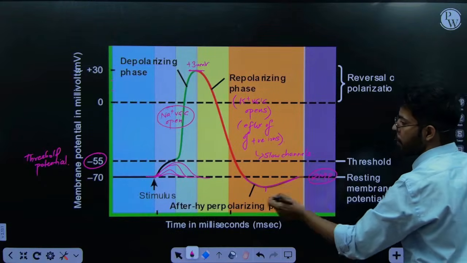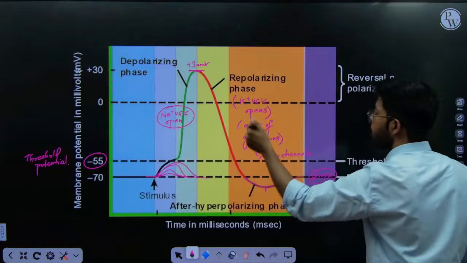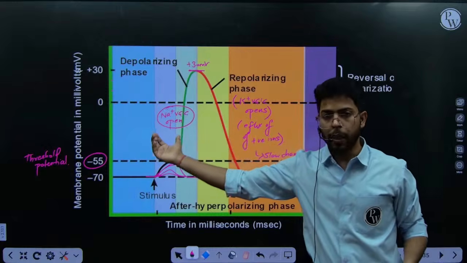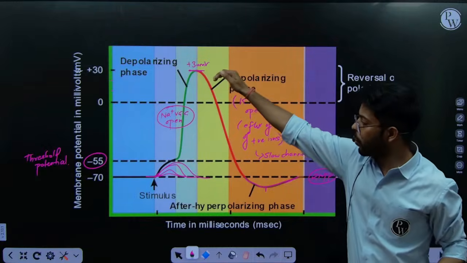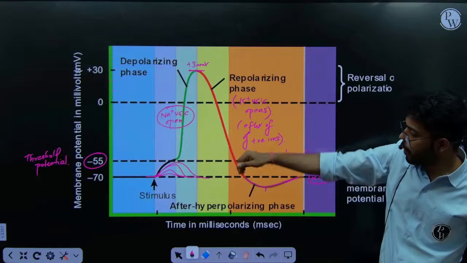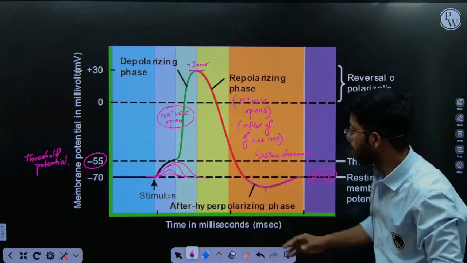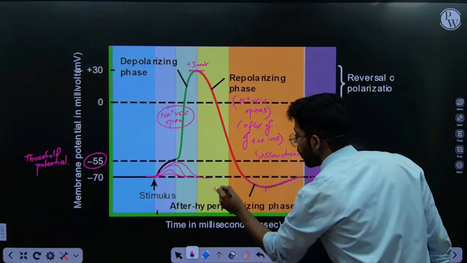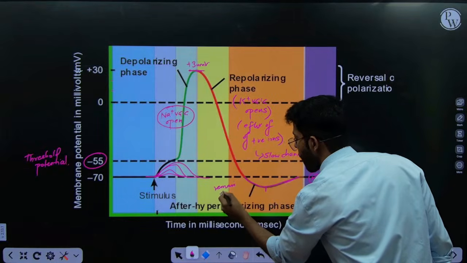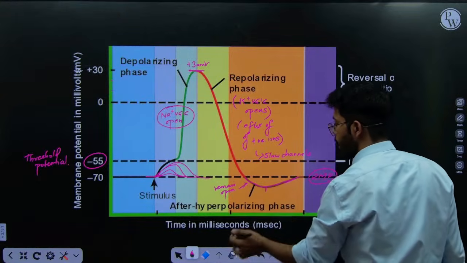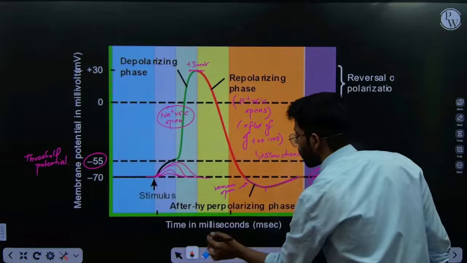This is the resting membrane potential RMP. They are very slow as compared to the sodium ion VGIC. That's why they do not close when the potential reaches minus 70, and they remain open in this phase also. That's why we can see the hyperpolarization phase.